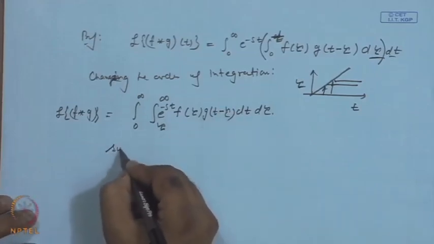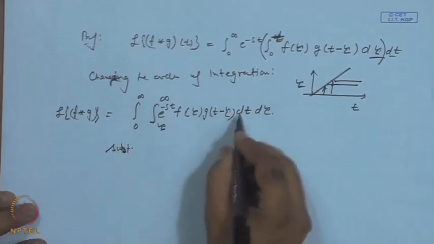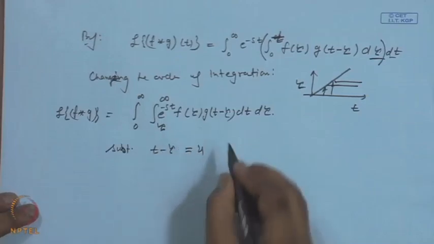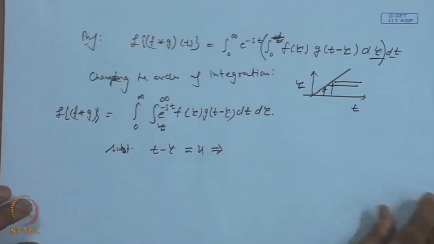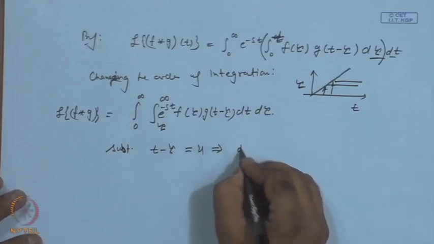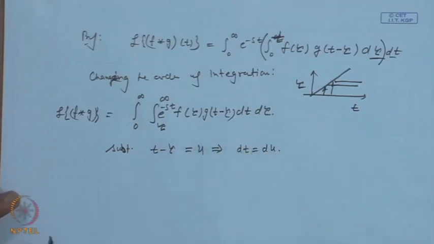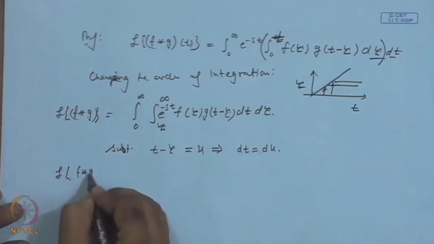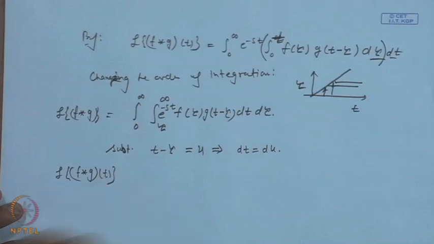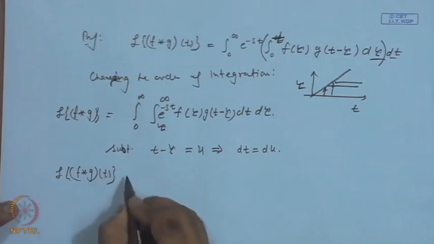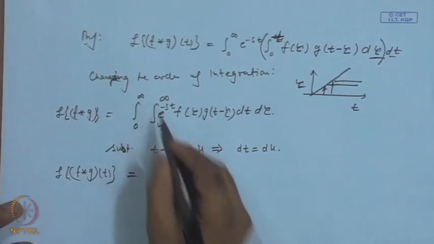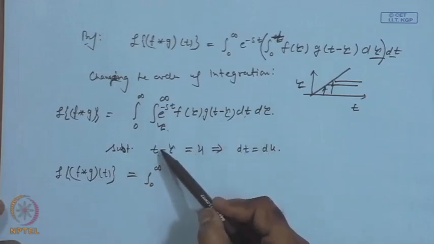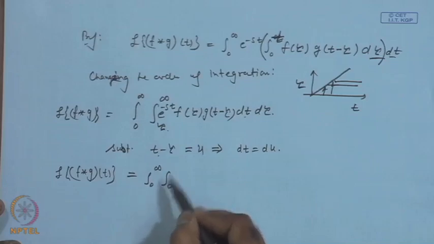So, if we substitute this t minus tau to u, we will get dt is equal to du. So, this Laplace of f star g (t) will be the integral from 0 to infinity, and now for t from tau, u will be 0 to infinity.